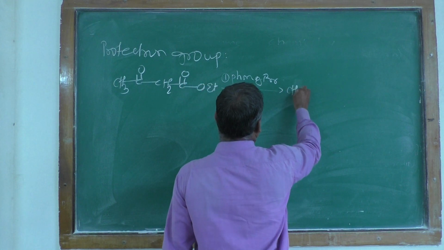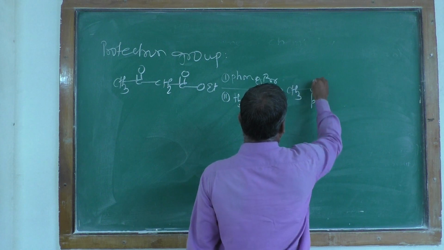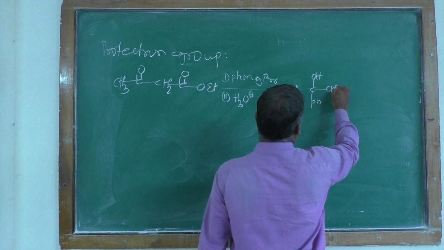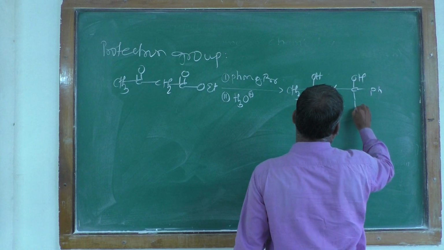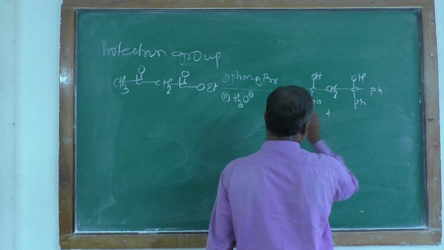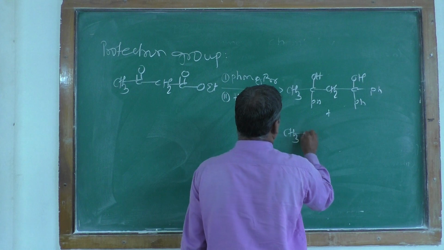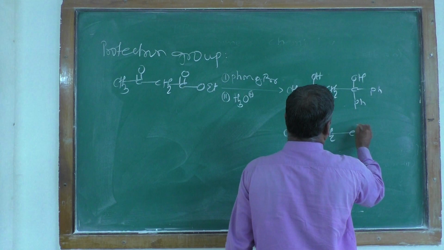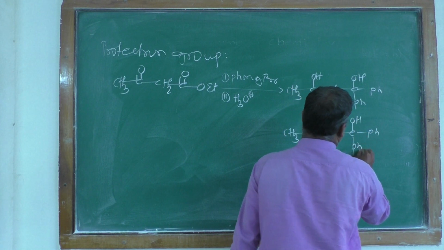You will get here CH3, then here PhOH, then CH2COOH, PhOH, as well as in addition to that you will get CH3C=O, then CH2COOH, Ph.